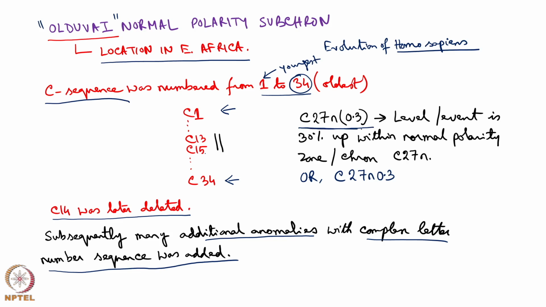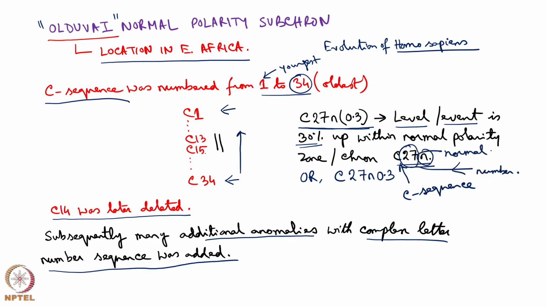C27N.3, you may get such numbers within this C sequence. What does it mean? It means the level or event is 30% up within normal polarity chron C27N. Here C is the C sequence, 27 is the number that you can find in this succession, and N indicates normal polarity.